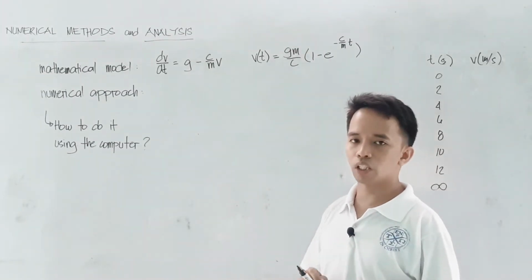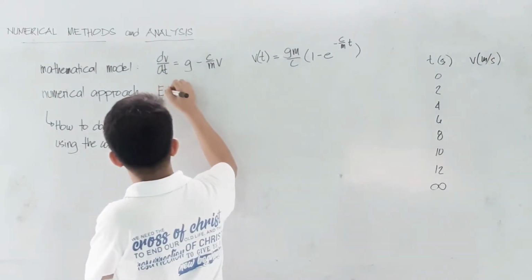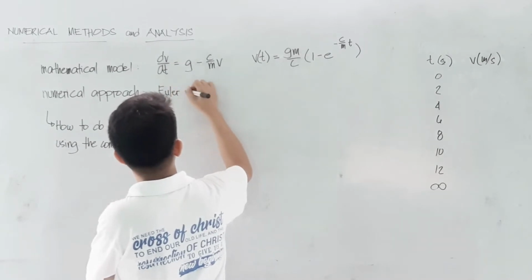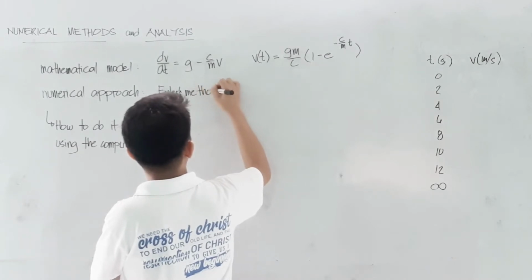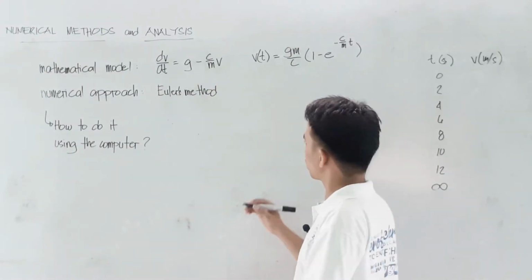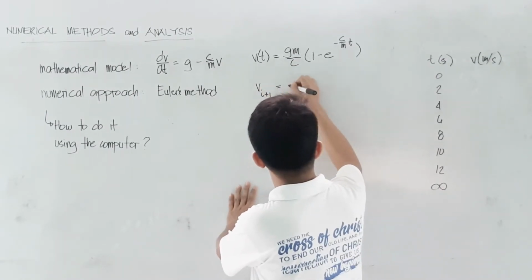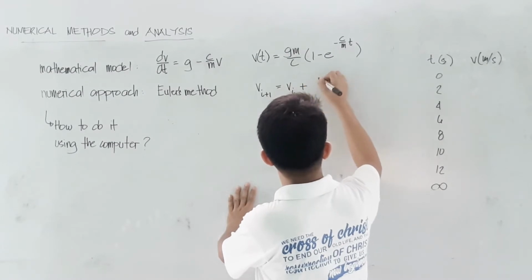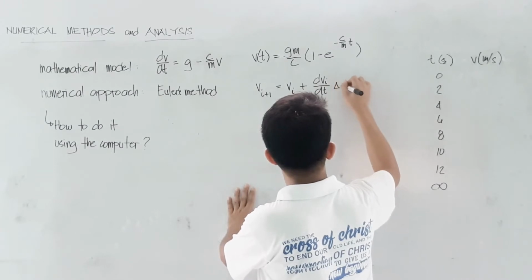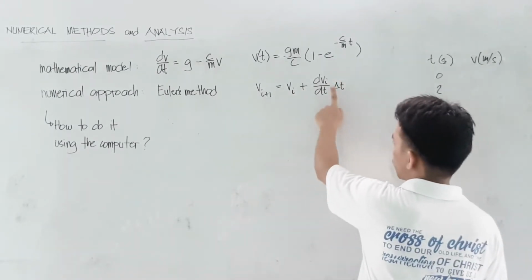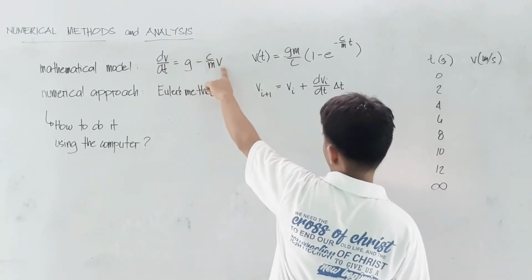And using our numerical approach, that is Euler's method, we also come up with this expression, where dv_i/dt is just this one, this one being v_i.